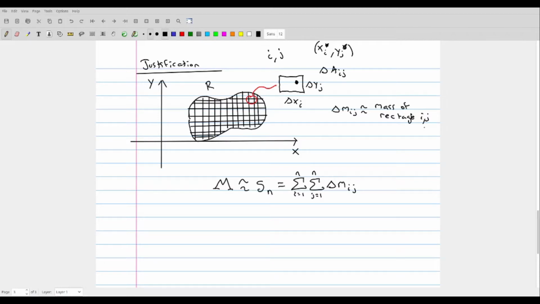So if we add up all of those delta mij's, we're approximating the total mass of the region R. It's not exact, but it's an approximation.